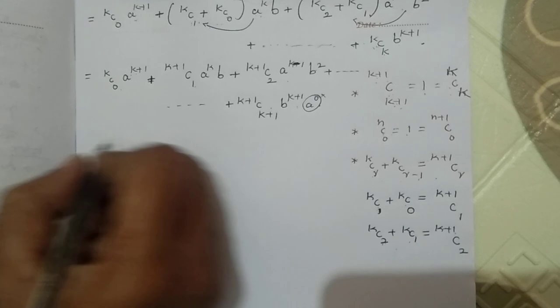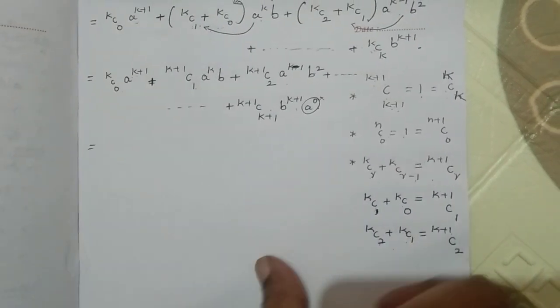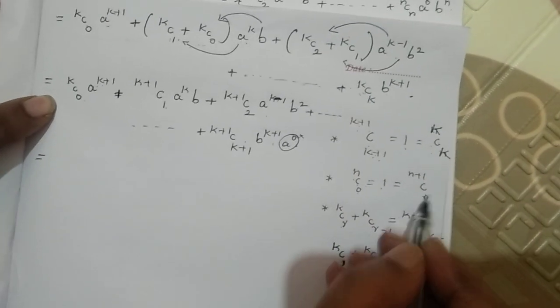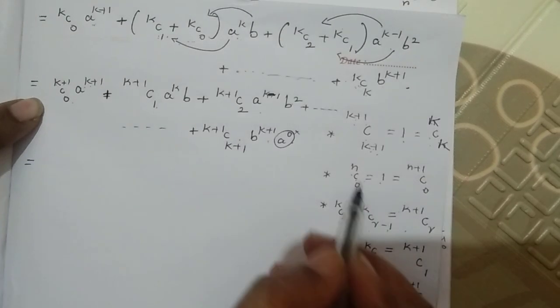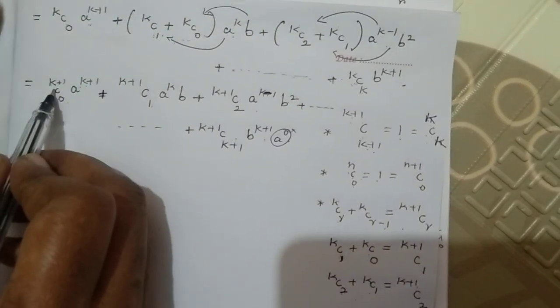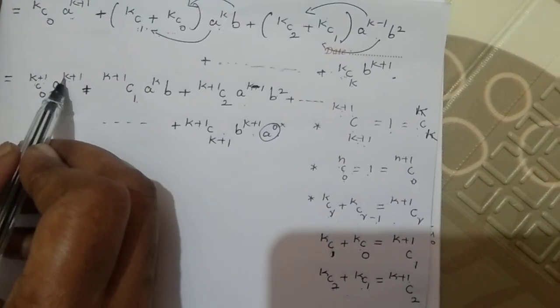Now if you observe, wherever n is there, we can write k plus 1. In the statement, kC0 and k plus 1 C0 have no difference. So in place of n, k plus 1. Again, a to the power of n plus 1 becomes k plus 1 in place of n.